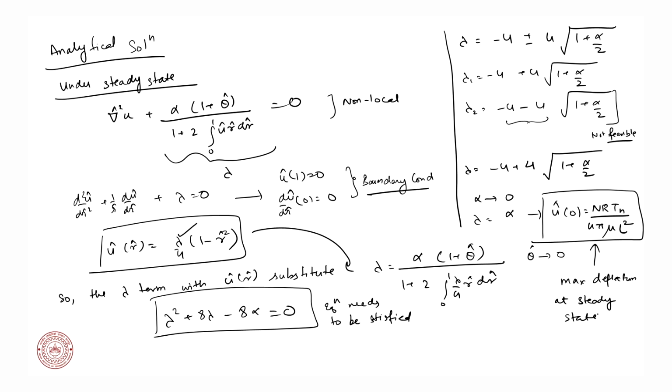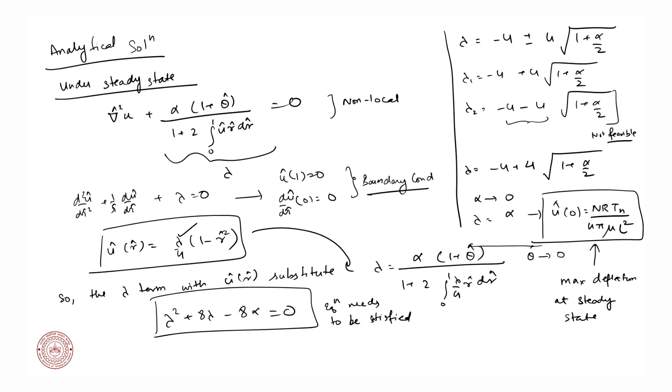Okay, so just let me quickly repeat this. We have taken steady state, we have considered this constant over here as lambda, and we solved this equation considering that lambda is a constant, and we got this expression for u hat as lambda by 4 times (1 minus r hat square). Now, if we take this expression for u hat and substitute back into the lambda equation, considering that theta is very small, we get an equation for lambda as lambda square plus 8 lambda minus 8 alpha.